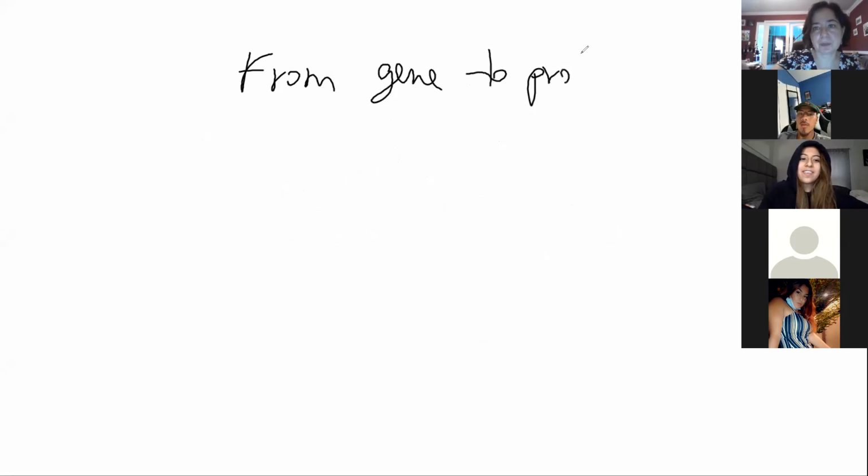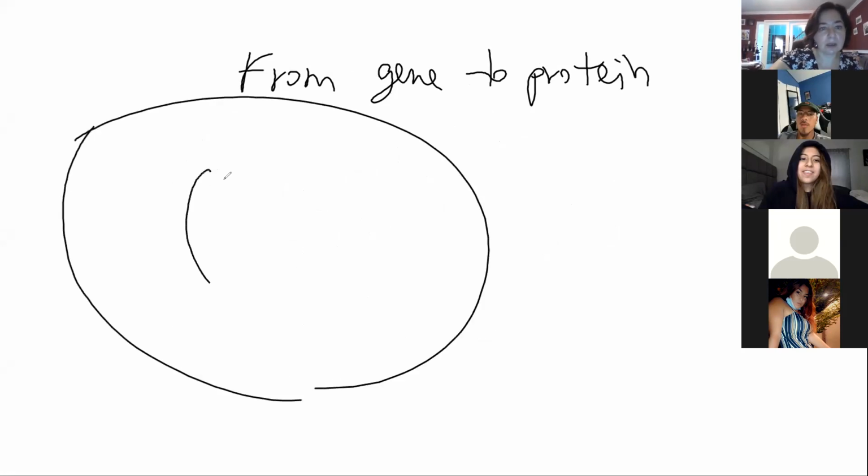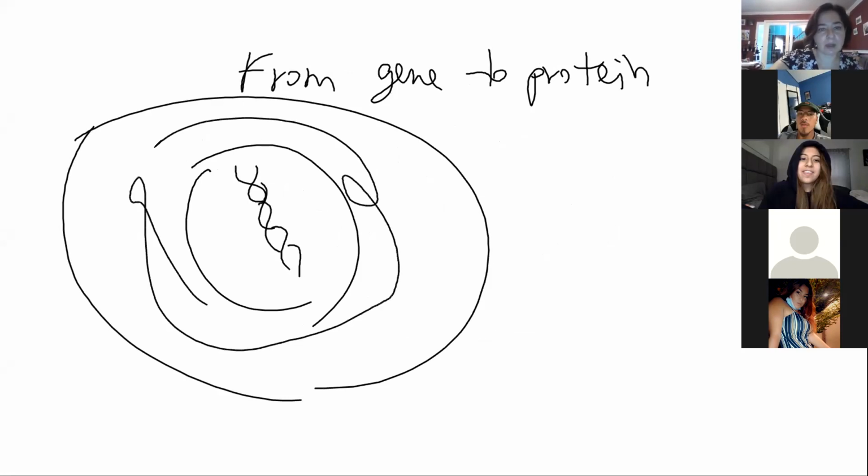And remember, one gene codes for one protein. Now this is a cell, right? In the cell, there's a huge nucleus with DNA. Around the nucleus, you have the endoplasmic reticulum, right? And on the endoplasmic reticulum, you have protein making machines.